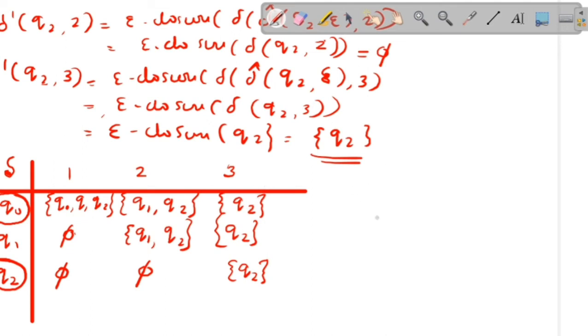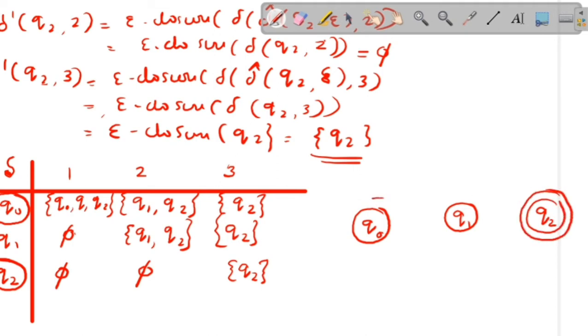Okay, so we can draw the NFA for the given epsilon NFA. So Q0, Q1, Q2. Here Q2 and Q1 are the final states and the initial state is Q0.